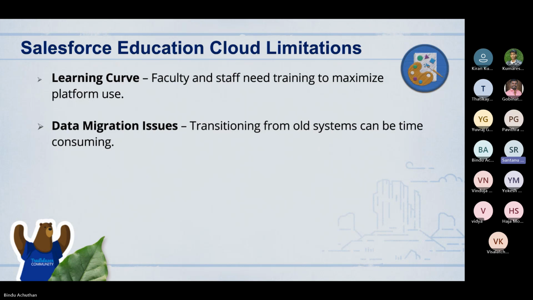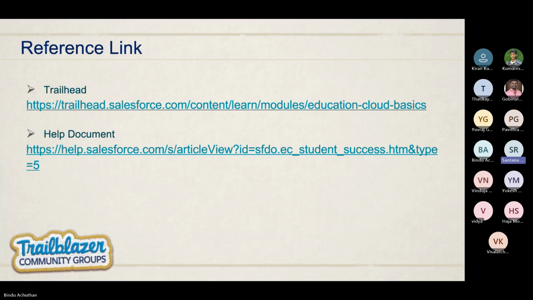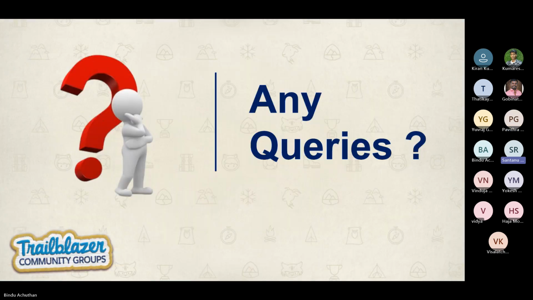When we talk about the CRM, who would be maintaining this? For example, if I'm associated with multiple universities and they are going to use this Education Cloud, but we are maintaining the same org for, let's suppose, five universities, who would be the org owner, Bindu?